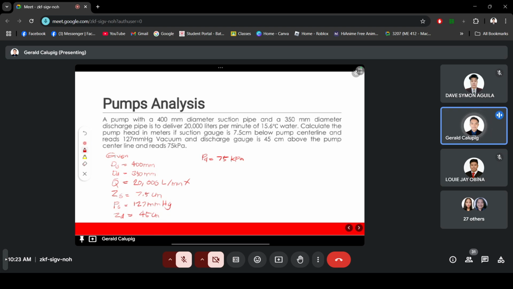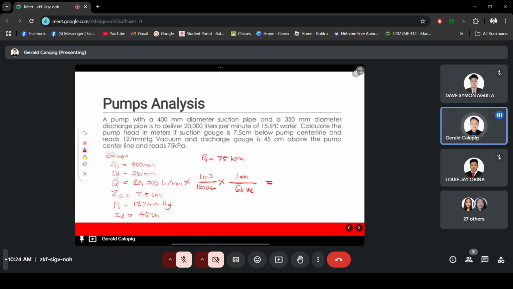So we can have liter, or 1 cubic meter per 1,000 liter, times 1 minute per 60 seconds. What is the value of Q? 20,000 divided by 60,000.